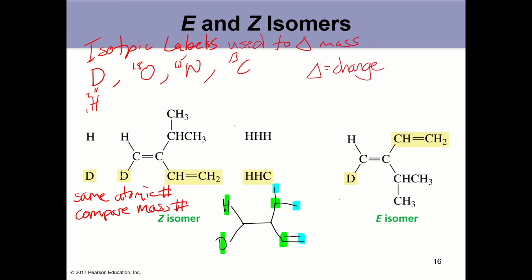This change of mass can be used to identify a molecule and to identify steps in a molecular synthesis based on how these isotopes are added or lost. And we do this using a mass spectrometer, which measures the mass of molecules that go through it.